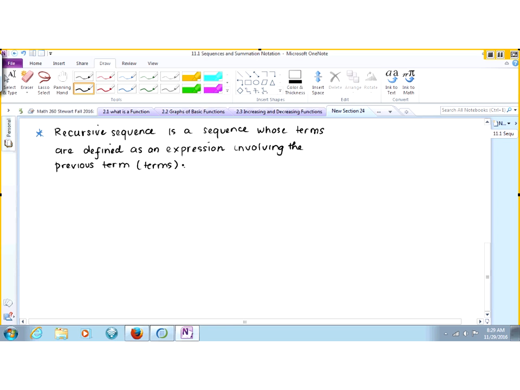So, example of recursive sequence: A1 is equal to -3 and a_n is equal to 2 times n times a_(n-1), if n is greater than 1.